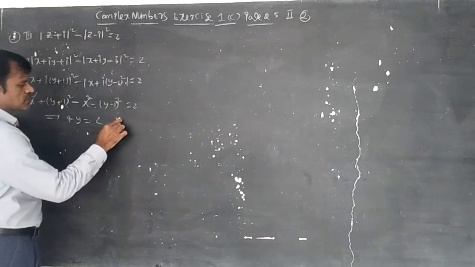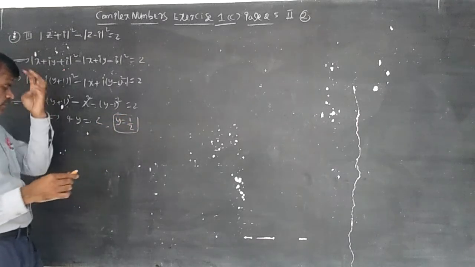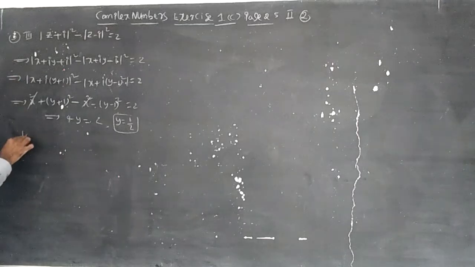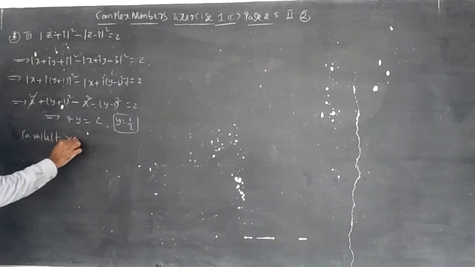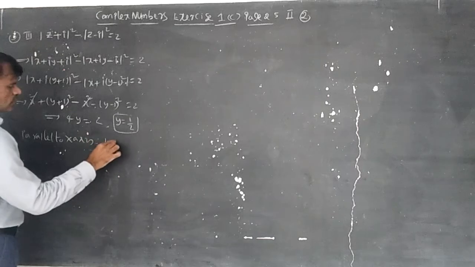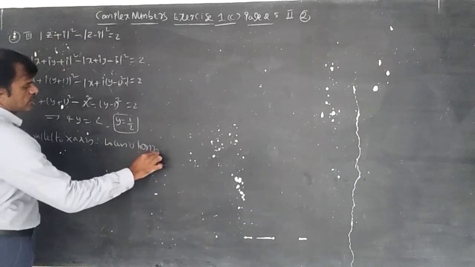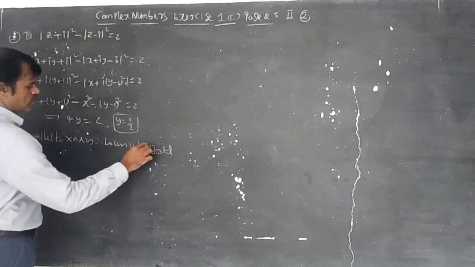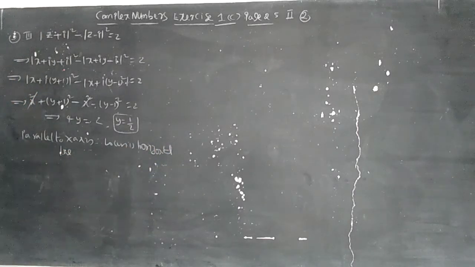So 4y is equal to 2, so y is equal to 1 by 2. Y is equal to 1 by 2 means it is parallel to the x axis, a horizontal line. Therefore, the locus is a horizontal line.